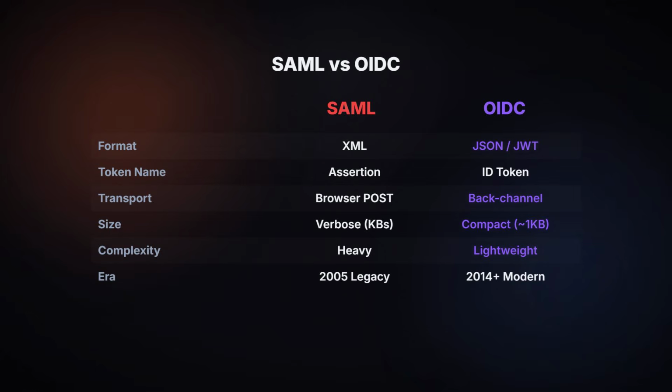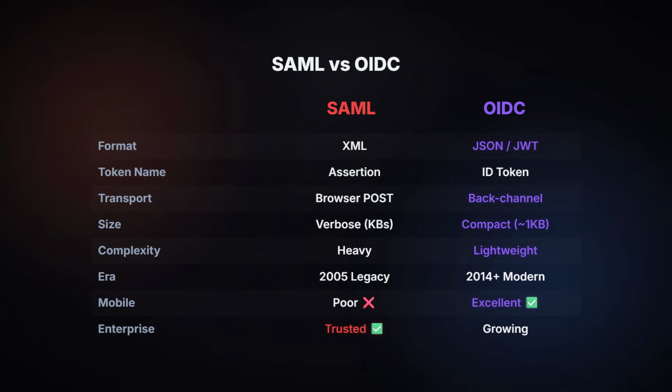OpenID Connect tokens are compact and lightweight. SAML was designed primarily for traditional enterprise web applications. OpenID Connect was designed for mobile apps, single-page apps, and modern architectures from the beginning. And while SAML still dominates many legacy enterprise systems, OpenID Connect is quickly becoming the modern standard.